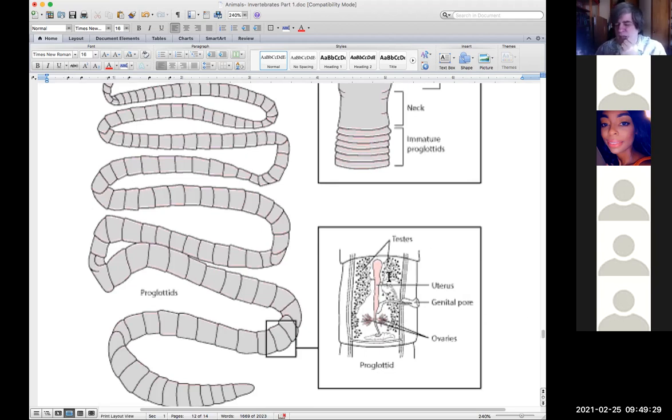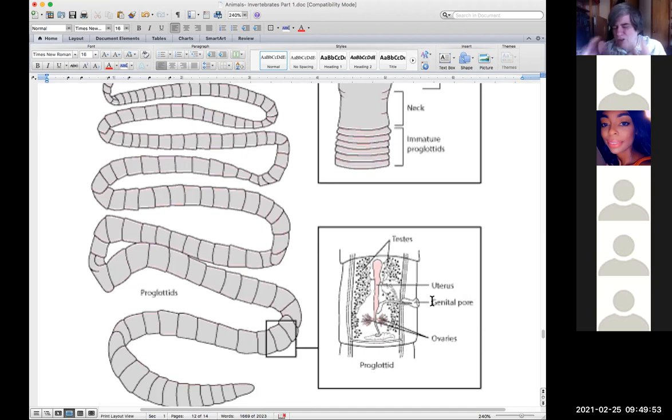Now, notice the testes make sperm, and they make the sperm by meiosis. And the ovaries make eggs, and they make the eggs by meiosis. And then the sperm fertilize the eggs inside the same proglottid. Some sperm can be released and can go in and out through the genital pore.